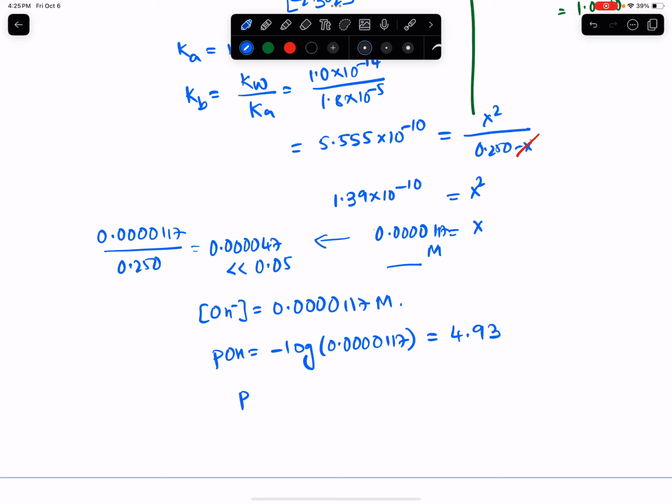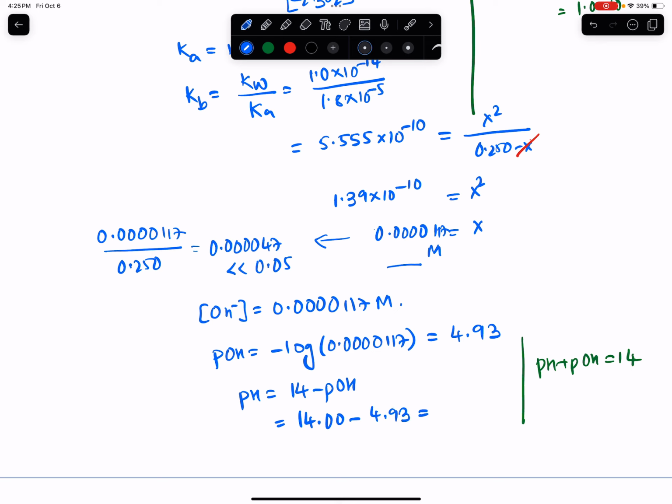And so the pH is equal to 14 minus pOH, and that comes from the formula pH plus pOH is equal to 14. Let's put two decimals here: 14.00 minus 4.93, which is equal to 9.07. So that is the pH of this solution. I hope that made sense. Thank you for watching.